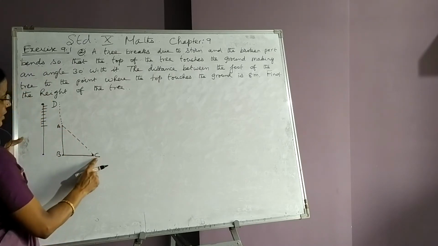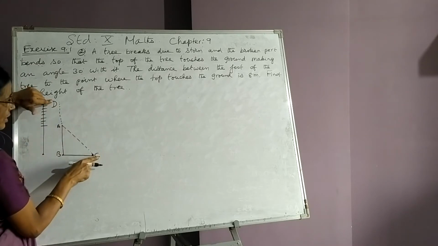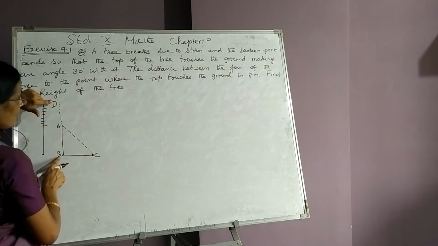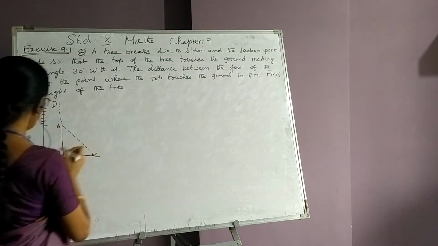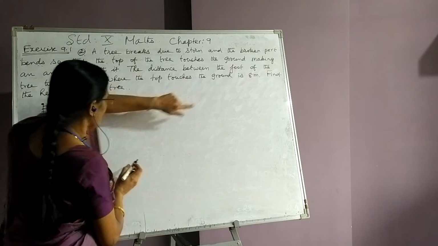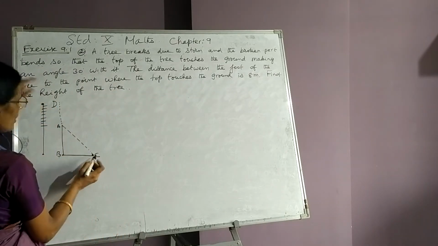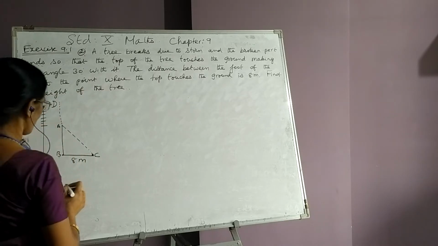So C is the top of the tree, which was at the point D, has come down here like this. And this is the foot of the tree. It is given the distance between the foot of the tree, B, and the point where the top touches the ground. The top of the tree is now at the point C. How many meters is given? 8 meters. Find the height of the tree.